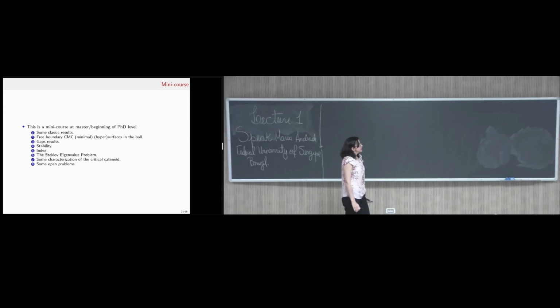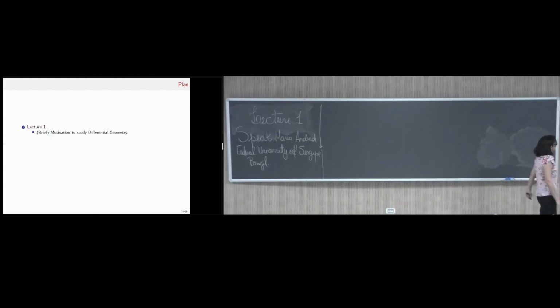And the last point is about some open problems with these topics, okay? In my opinion, this topic is very beautiful, but these open problems are very difficult for me.